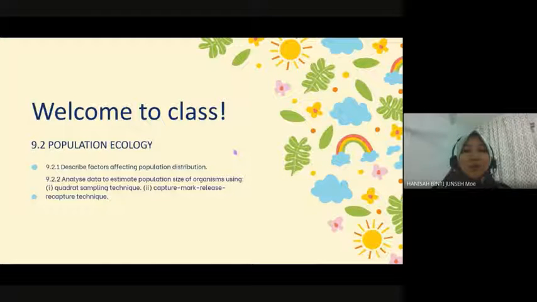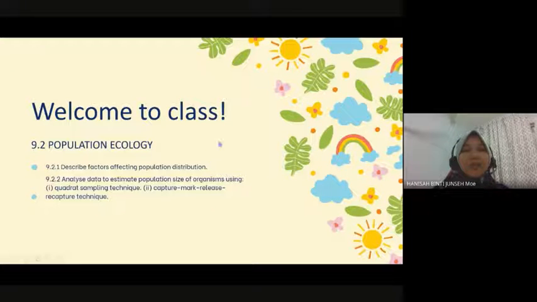And the second one is we are able to analyze the data to estimate the population size of organisms using two techniques. The first one is the quadrat sampling technique, and the second one is the capture, mark, release, recapture technique.